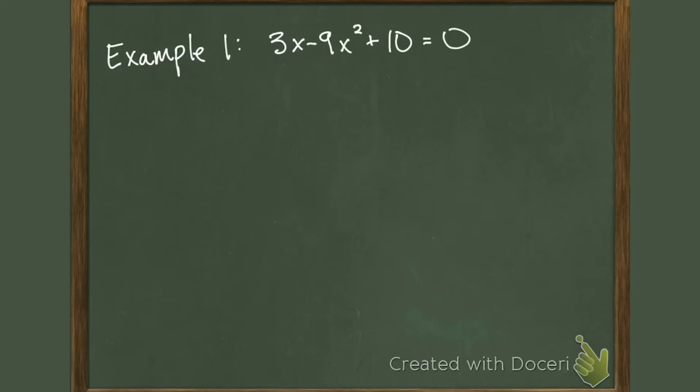Your very first thing that you need to make sure you do is that this is in standard form. Right now, this is not in standard form. Standard form would say negative 9x squared plus 3x plus 10 is equal to 0. Remember, standard form is biggest exponent to smallest exponent, and you go from there.